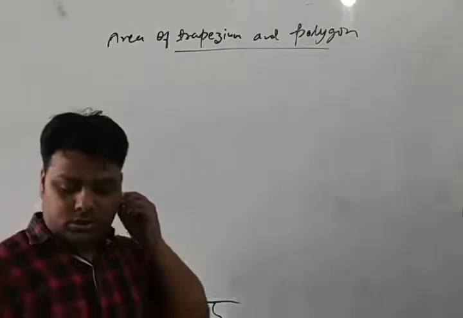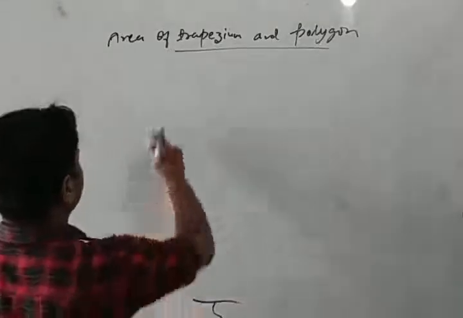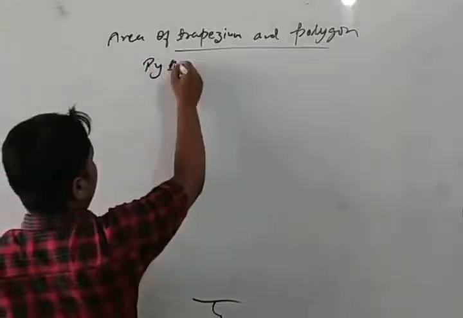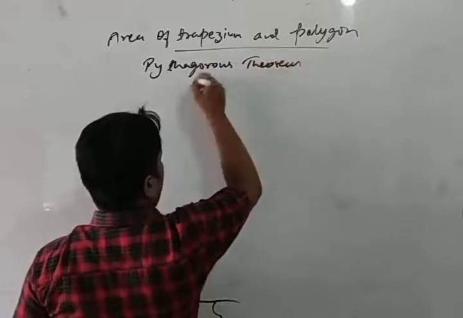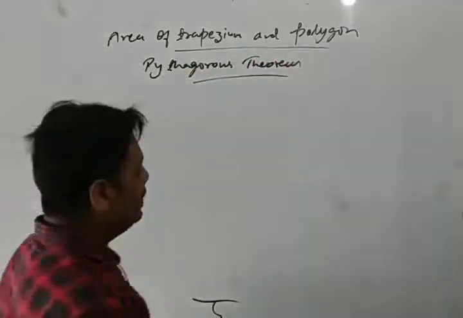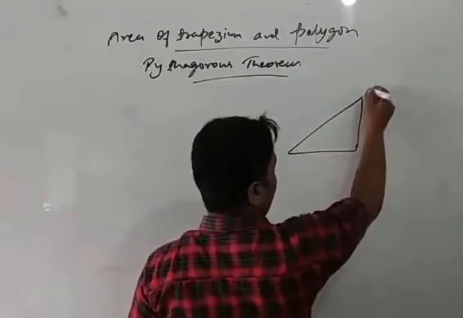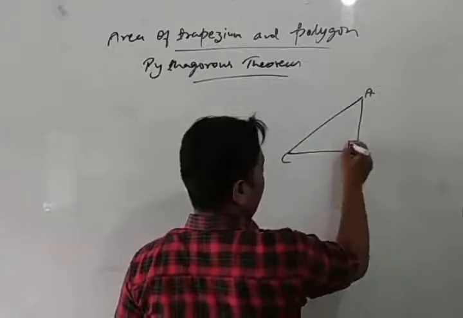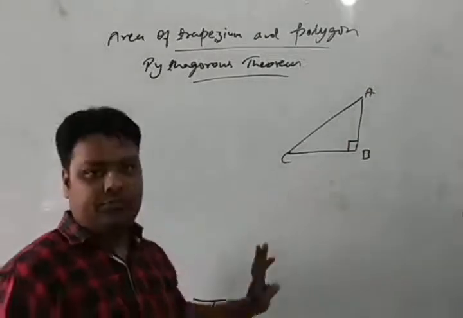So students, I am going to start with the Pythagoras theorem. What is the Pythagoras theorem? At first I am drawing a right angle triangle, where the right angle is at B. Now we will elaborate this figure.